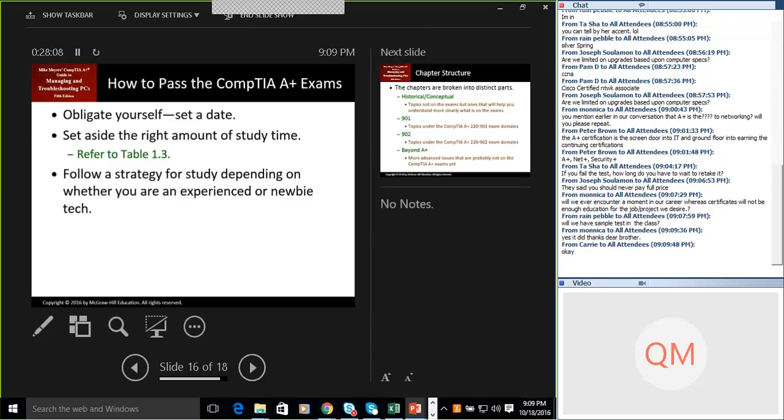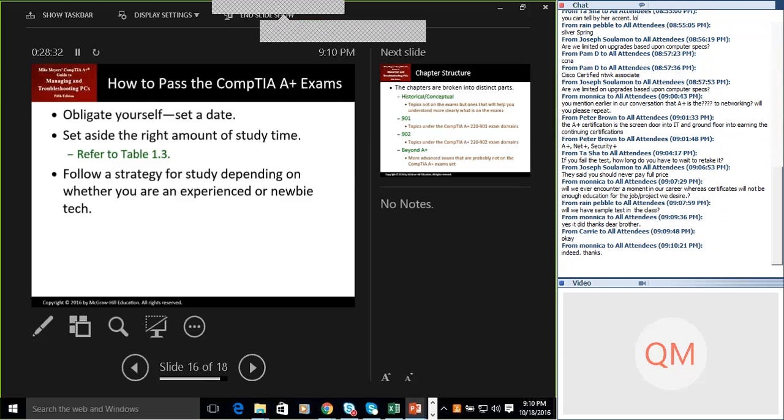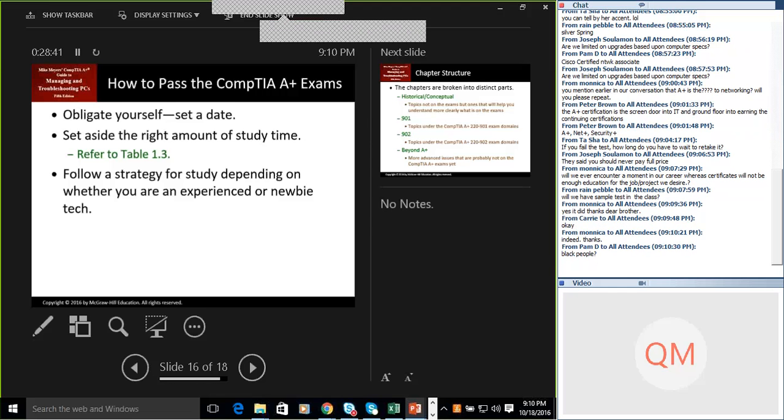My answer to that is no. I've seen people with certificates and no degree get jobs over people with the degree and no certificates, because the certificate validates that you know what the job requires.